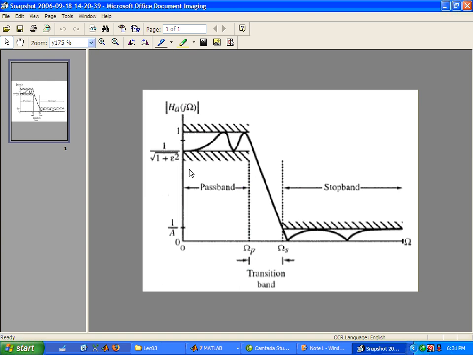Anyone else? Yeah, why would you want to? It's not to pick up more information. Right. You either get it or you don't. You prevent aliasing, but you were going to prevent aliasing anyway with your filter.